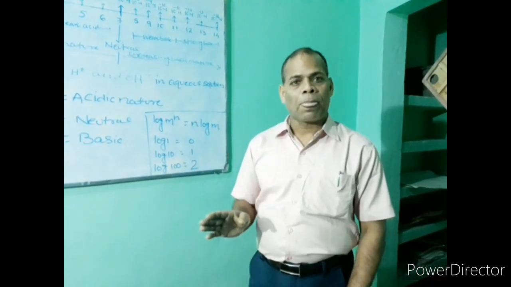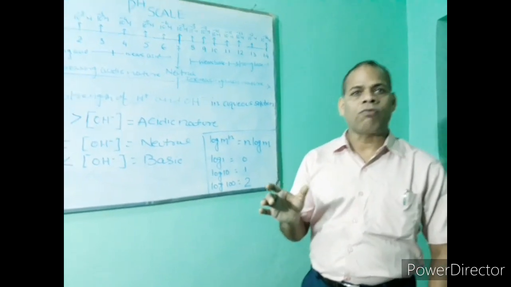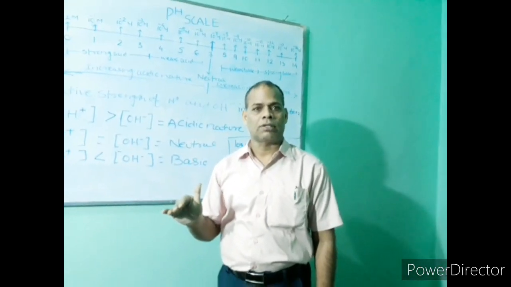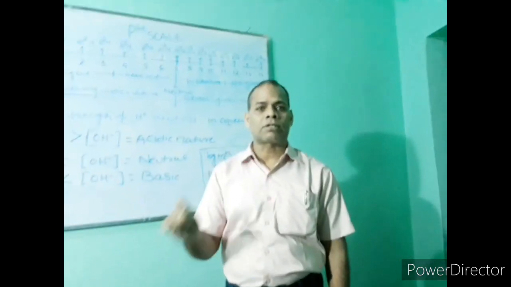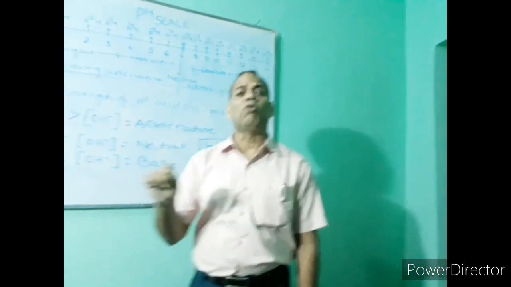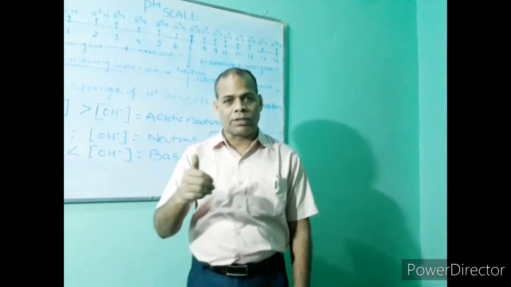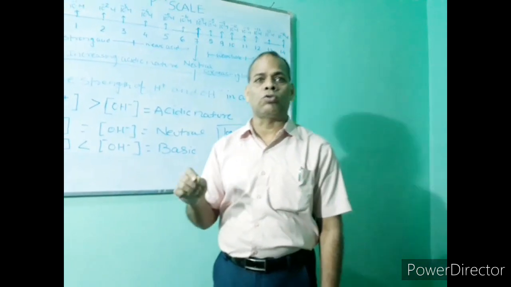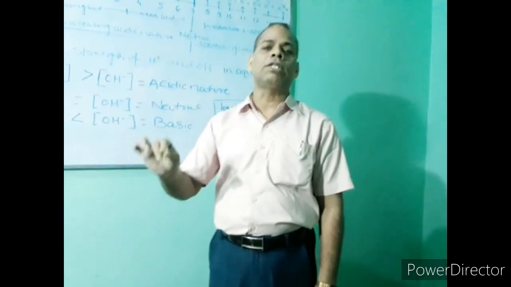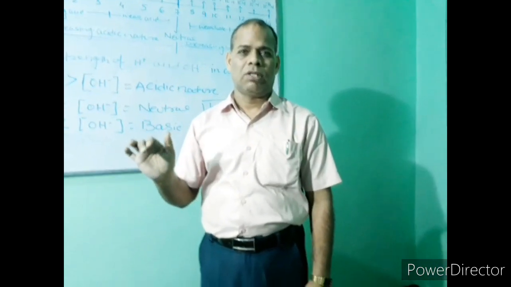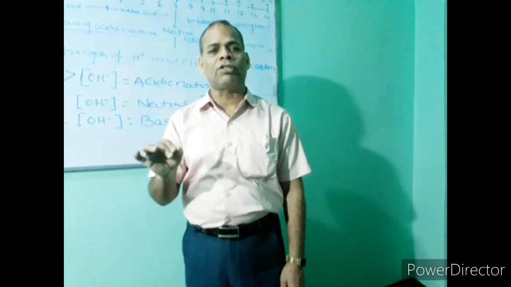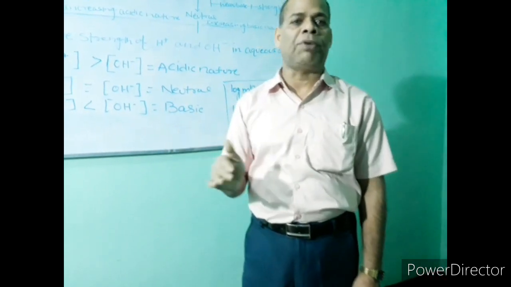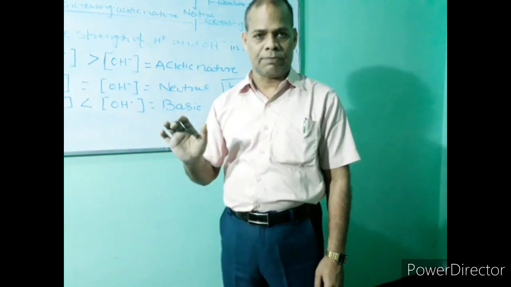So now, the concentration of hydrogen ion in an aqueous solution is measured in terms of molarity. What is molarity? The number of moles of solute dissolved in 1 liter of the solution. It is one of the units in which the concentration of an acid or a base can be measured.